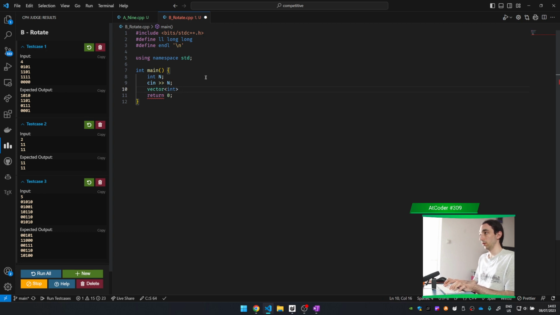So I will make a vector of n strings. What I will do is I will go through all of these, yeah, we could go through all of these. There are many ways of doing this.